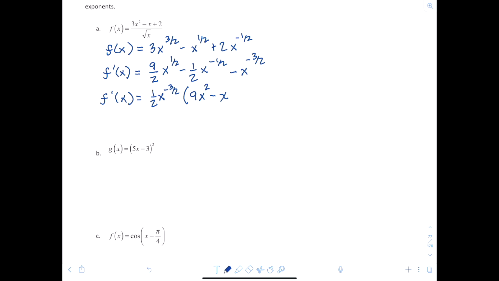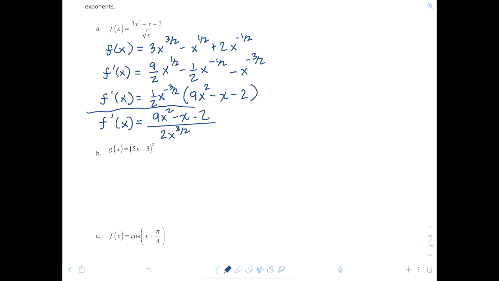Yes, and then minus 2 to get that coefficient of negative 1. And so at the end of the day, we will get f prime at x equals 9x squared minus x minus 2 all over 2x to the 3/2. Good so far? Awesome.